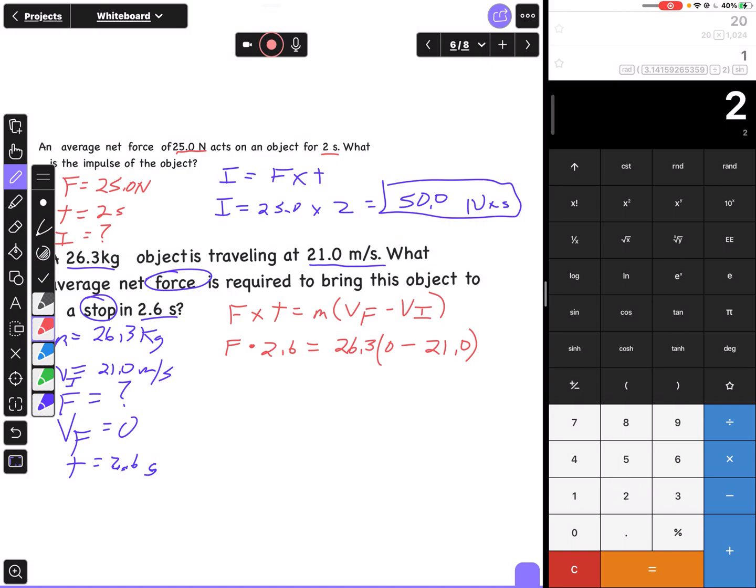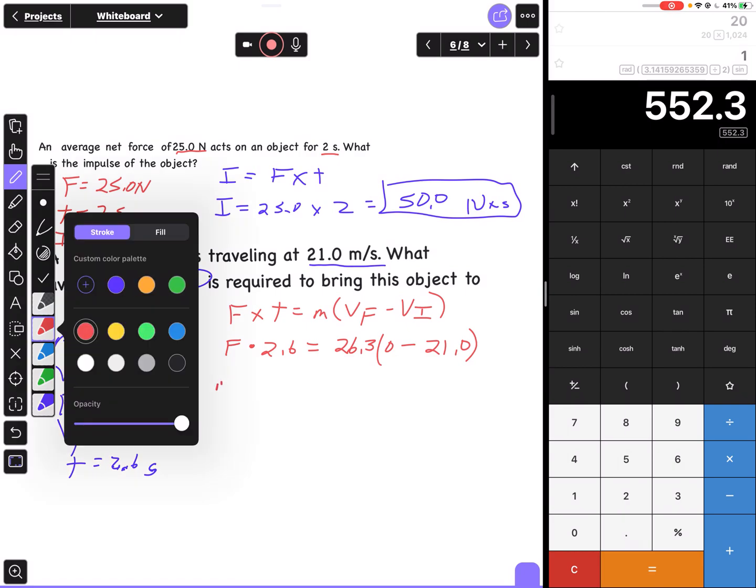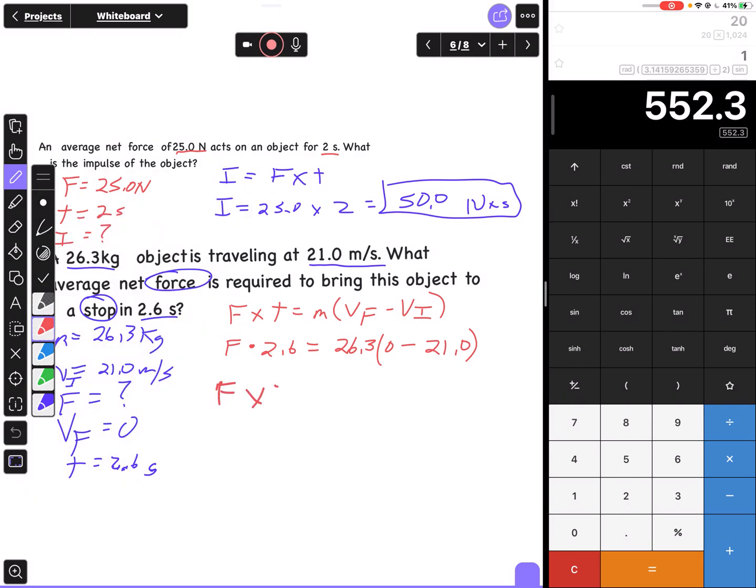So 26.3 times negative 21 gives me negative 552.3, so F times 2.6 equals negative 552.3. Divide both sides by 2.6.